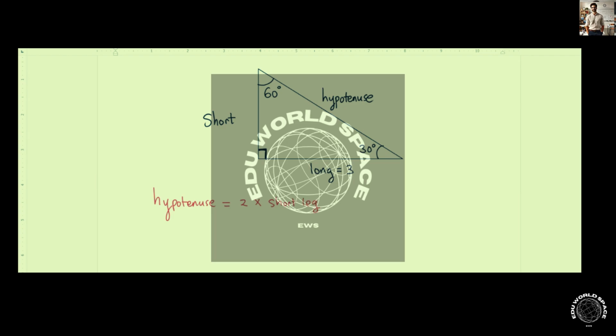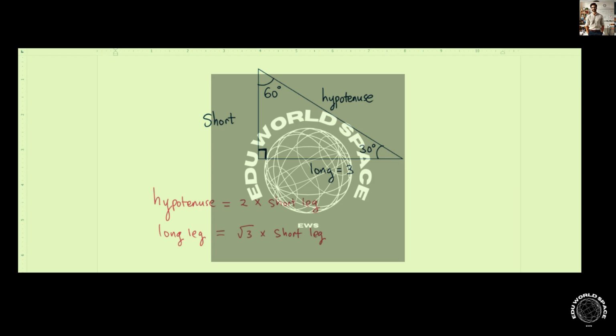And the second equation is that the long leg equals the square root of 3 times the short leg. This relationship is obtained using the Pythagorean theorem, but we can use these equations directly to get the missing sides.